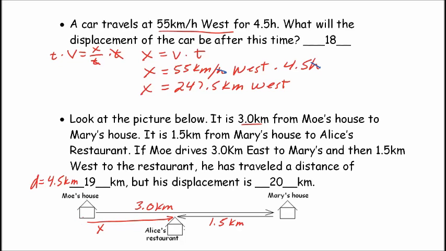In other words, how far at the end of his trip is Mo displaced from his origin, which is his house. So his displacement at the end of this trip is going to be 1.5 kilometers, and that's going to be east of his origin. So the E stands for east. So the displacement is 1.5 kilometers east.